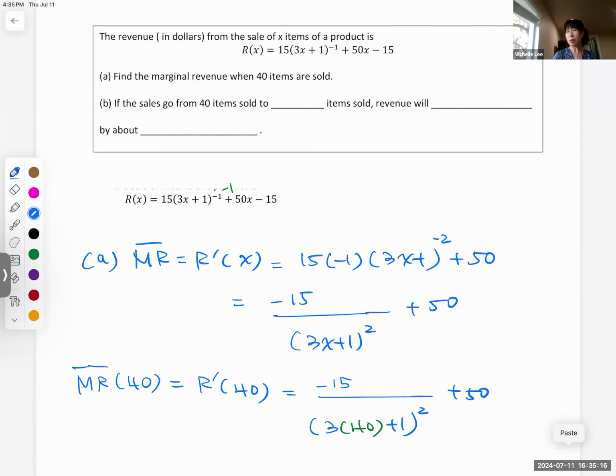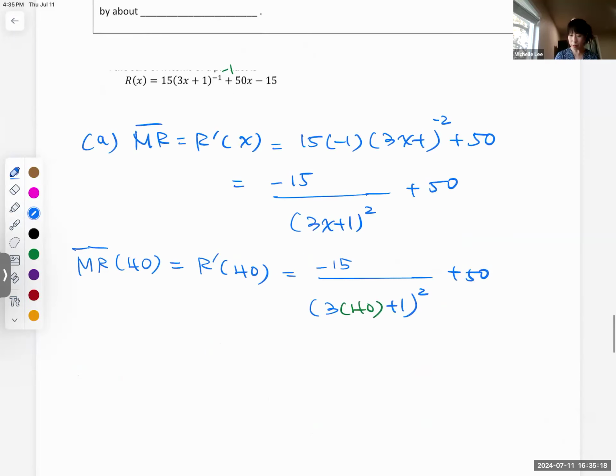Okay, so then we get $49.99. Since we talk about money, we can say that this is $50 per item.